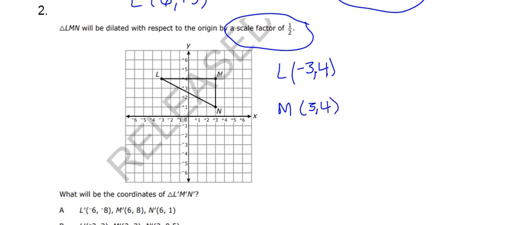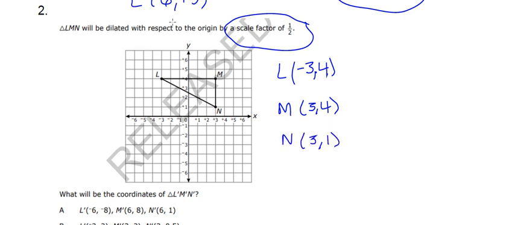Point L and M are both 3 units away from the y-axis. So point L is actually a reflection over the y-axis of point M, or vice versa. And then point N here is located at 3, 1.